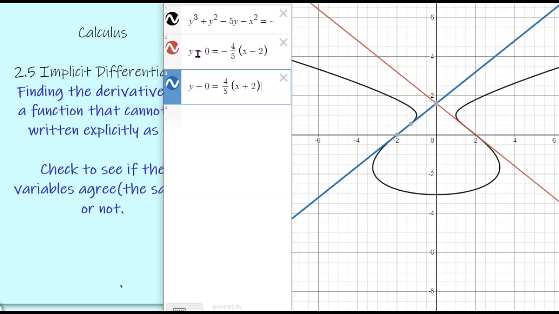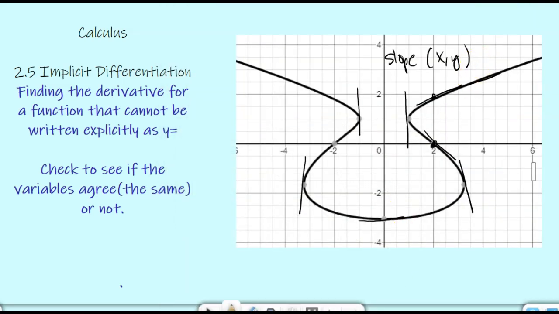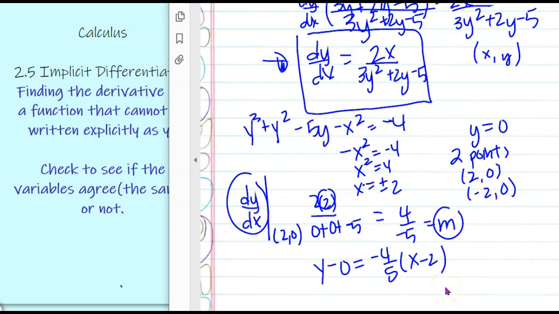So what does implicit differentiation do? It allows us to take derivatives of things that aren't functions, because what we end up doing is taking the derivative in the middle of the problem.